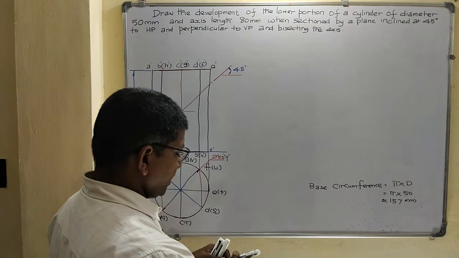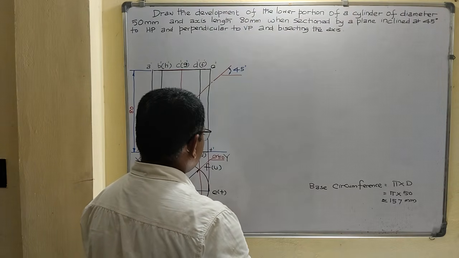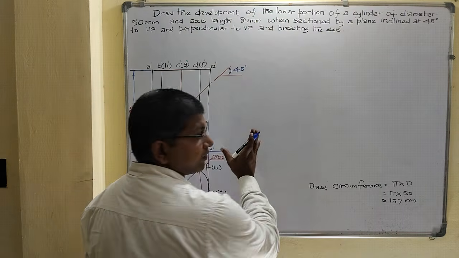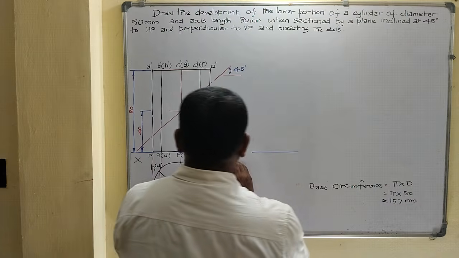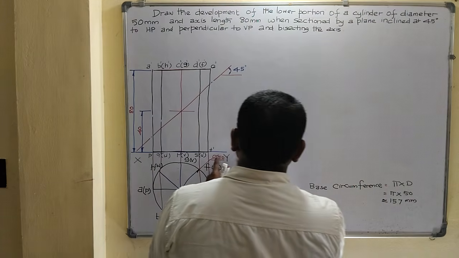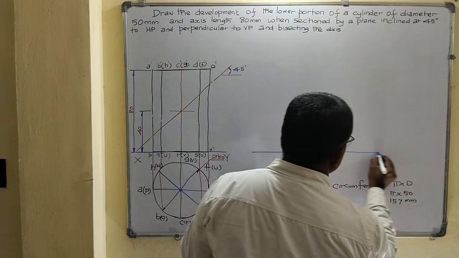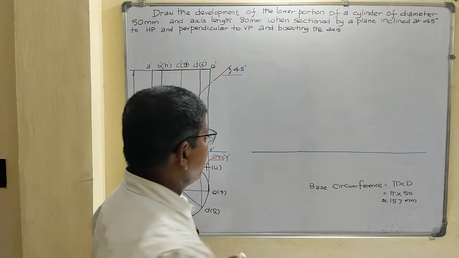So draw the two stretch out lines. Leave some gap between the front view and the development, and draw the stretch out lines from the base, on the same line of action. Draw the first line, the base line. The length of the line equals 157 mm.